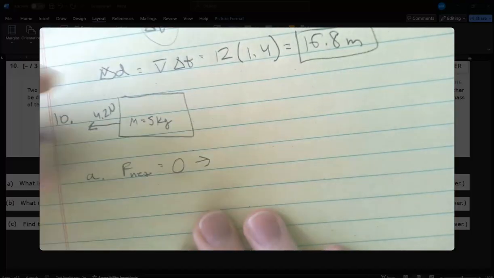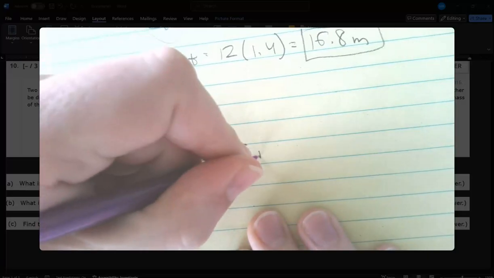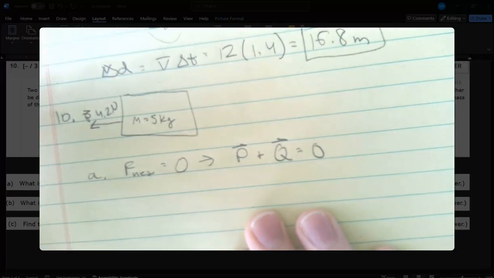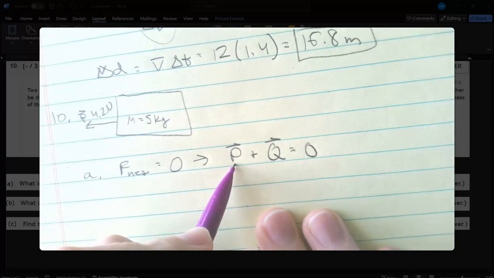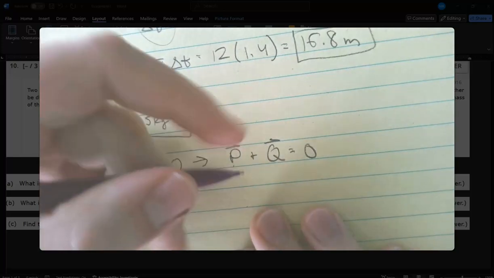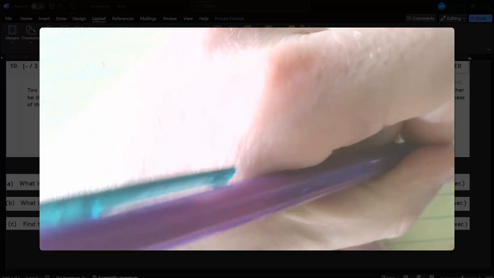The only 2 forces acting on this block are P and Q, so P plus Q equals 0. P is 4.2 newtons to the left, so that's a negative. So we have negative 4.2 plus Q equals 0.